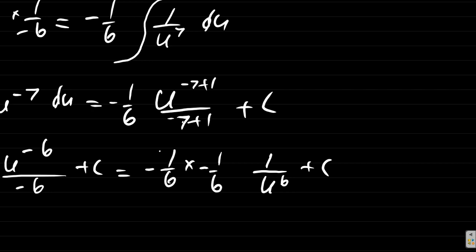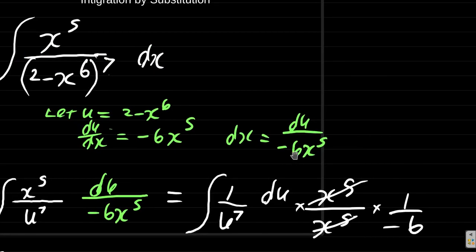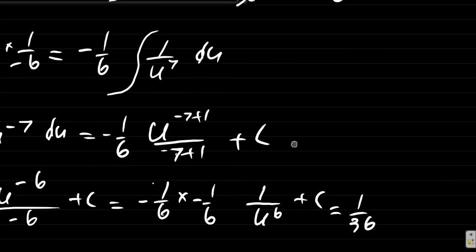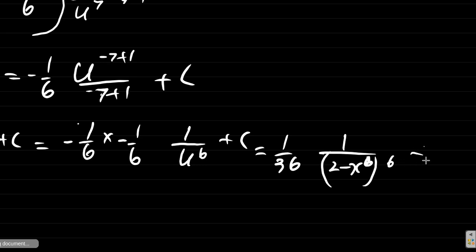So we end up with a positive 1 over 36, 1 over u to the 6, but what was u again? U is 2 minus x to the 6. So we have 1 over 2 minus x to the 6 raised to the power of 6 plus c.